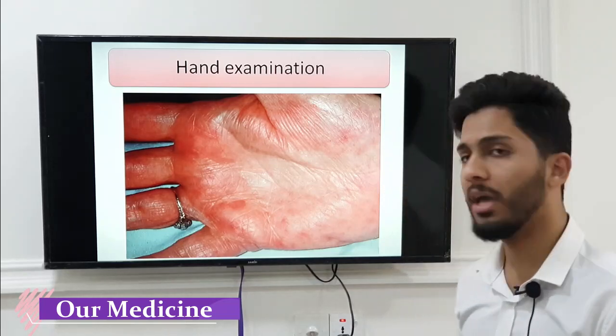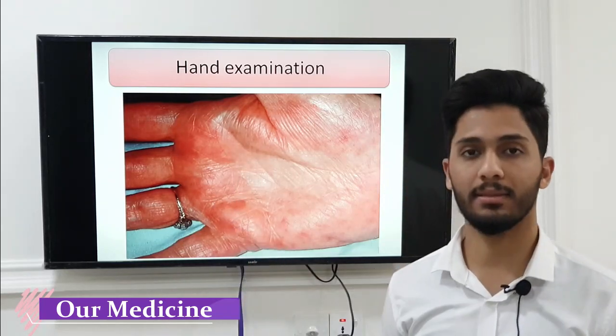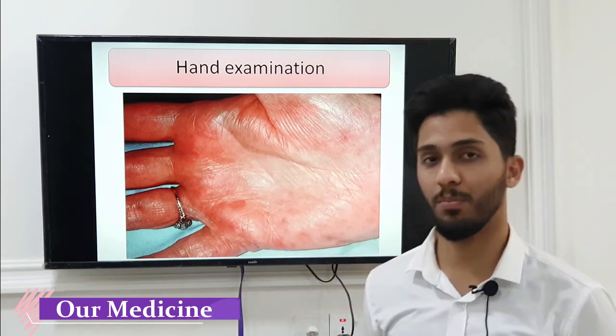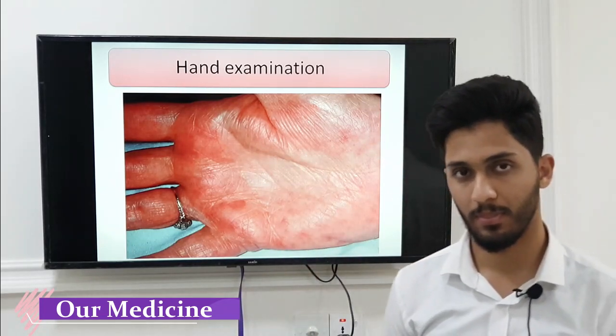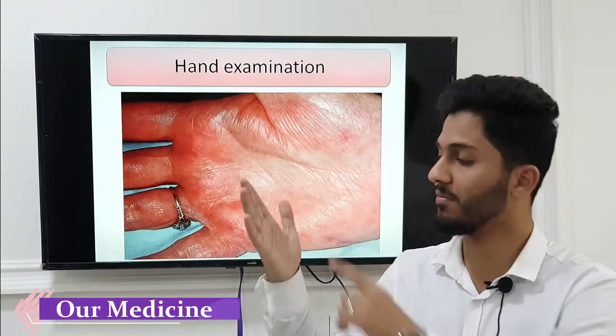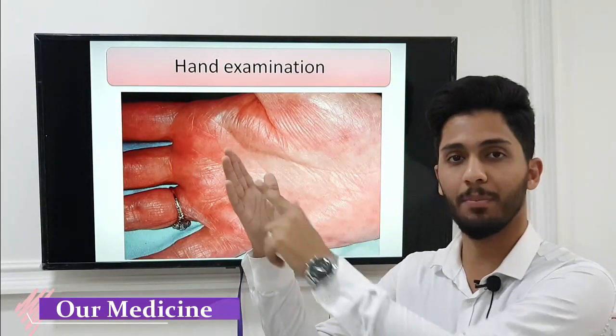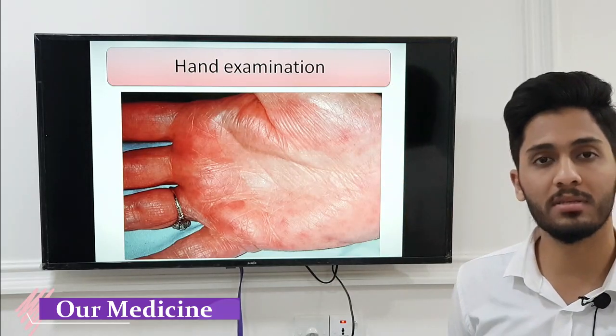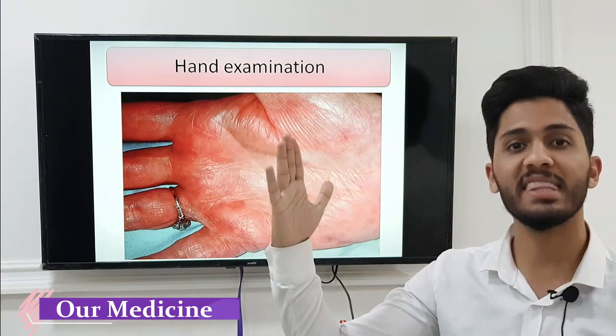Then, what will you examine in the hand? Examination of the palm of the hand is very important. Previously, we said looking for pallor. Firstly, look for pallor in the palm of the hand. Number 2, look for erythema in the hand.